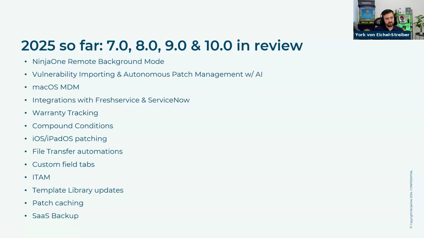Then we also added the background mode feature to our NinjaOne Remote solution, so basically the possibility to make changes, look at the registry, look at the CMD, kill a process or whatever, run automations, etc., on the machine in background mode. You can also do several of these things from the Ninja device, obviously, but if you see the screen in background mode, it might be easier if you want that live feedback. The vulnerability importer, so the possibility to import vulnerabilities, and autonomous patch management, so AI-assisted patch evaluation of every patch.